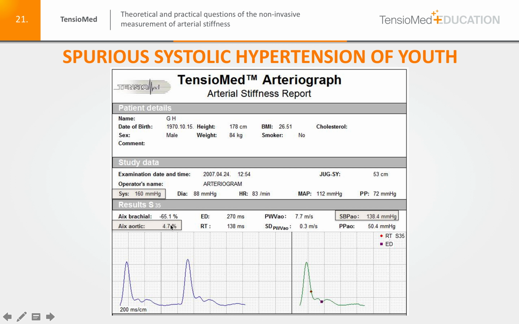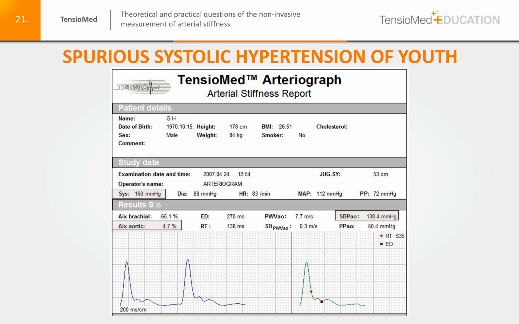Why? Because his aortic augmentation index was only 4.7%, and look at the reflected systolic wave, it is extremely low, referring to the excellent endothelial function, referring to the perfect vasodilatation in the resistance arteries, in the arterioles, resulting in the central systolic blood pressure still being normal despite the increased peripheral blood pressure.